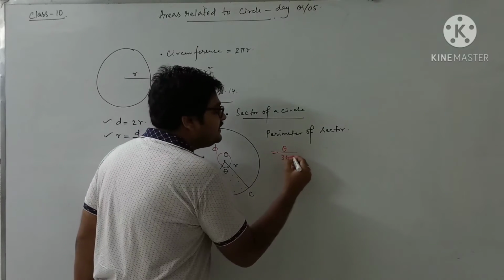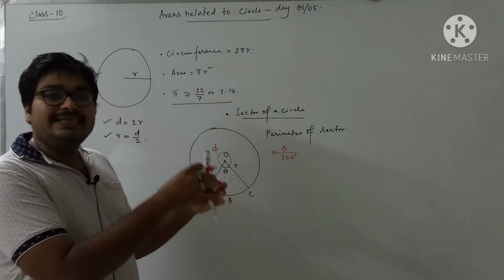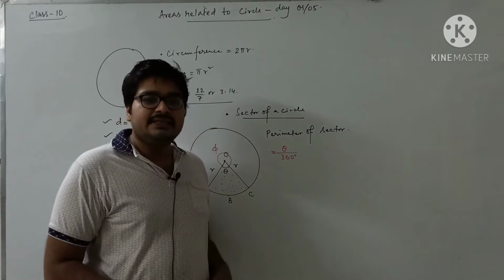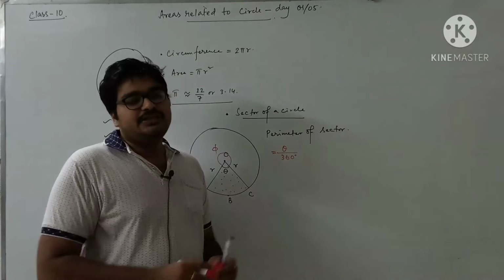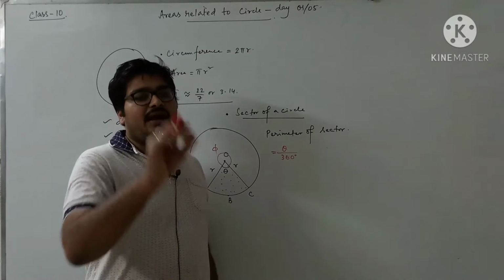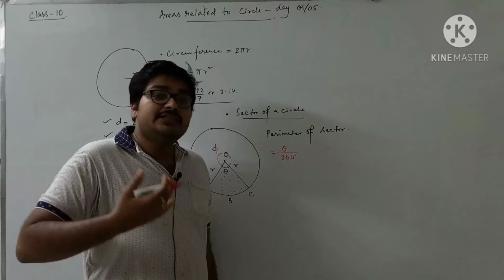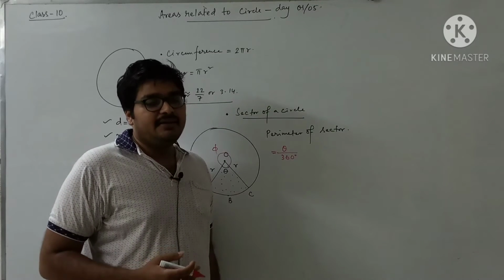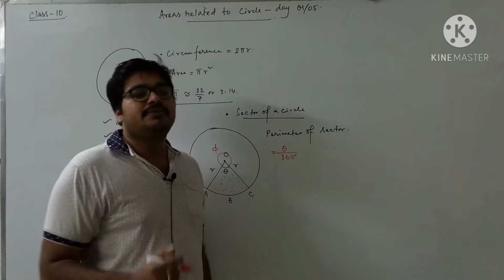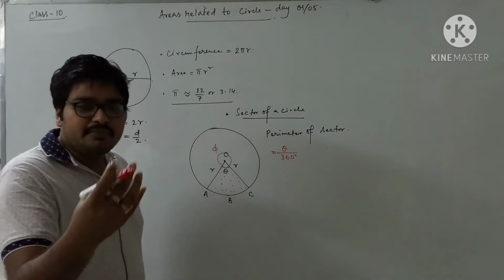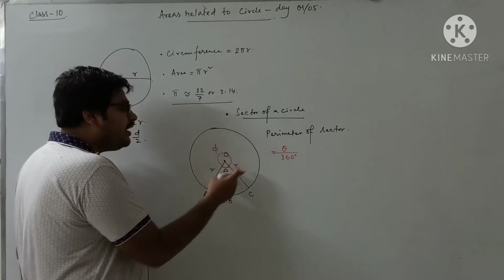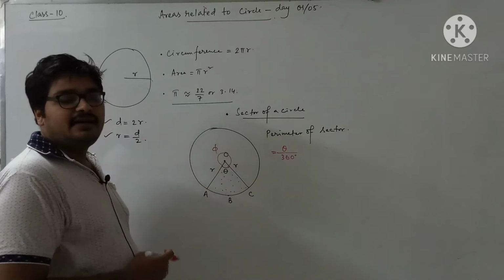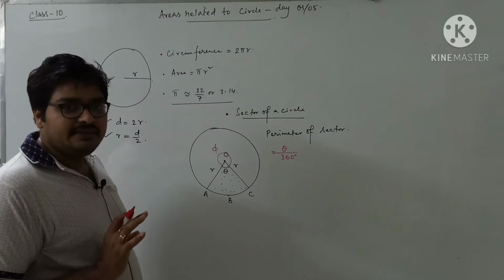Theta by 360 degrees. In childhood, in the fraction chapter, we have learned: suppose there are 10 biscuits and you have taken 5 biscuits. How much part of the biscuits have you taken? 5 by 10, just half. The same concept I have applied here. Theta is how much part of this 360 degrees? How would I write it? Theta by 360 degrees.